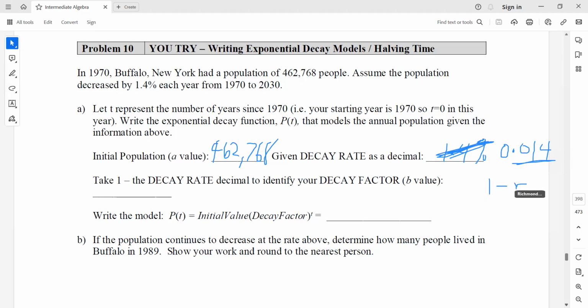So that gives us b equals 0.986. So your model is going to be 462,768 times 0.986 to the power t.